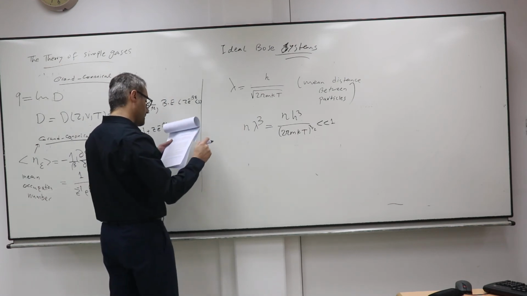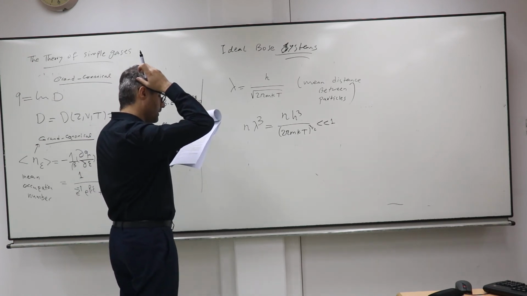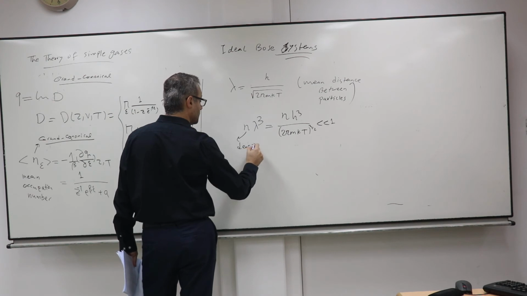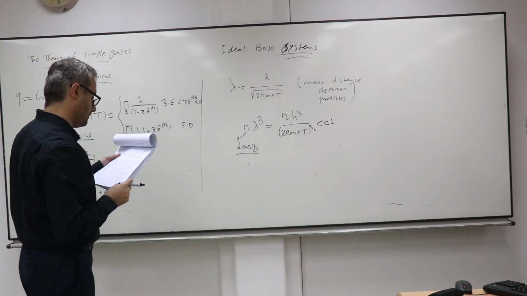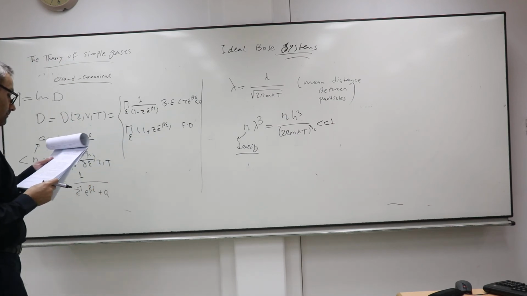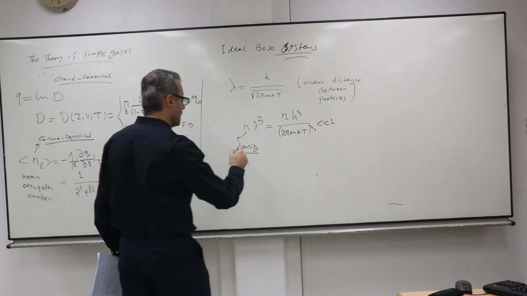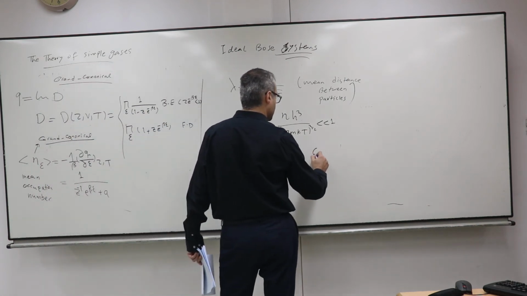So what is n? n here is related to the density. If n lambda cubed goes to zero, we will have the classical limit.